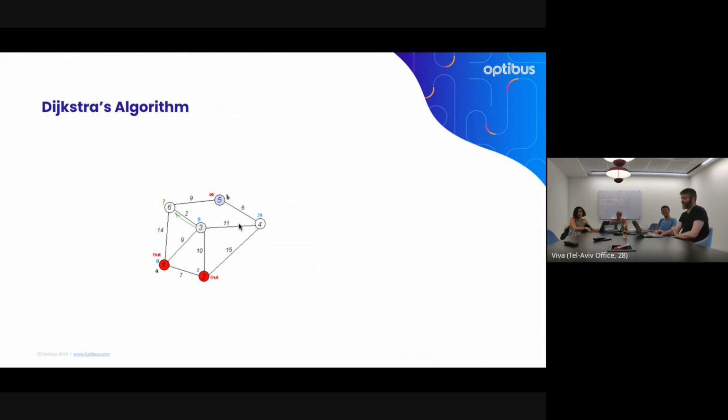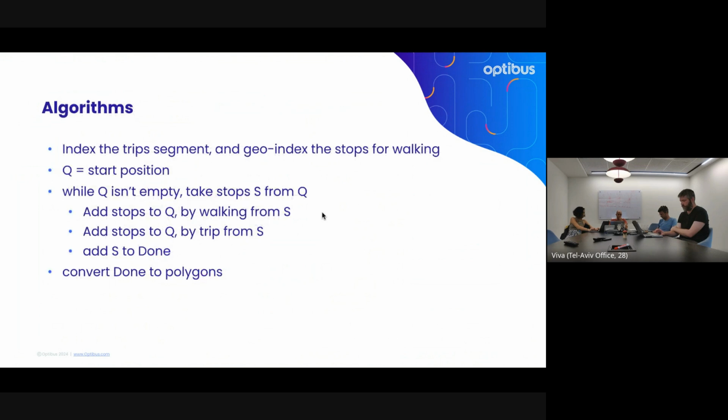In this algorithm, you start all of the nodes with an infinity number, and every time you go to a node, if the sum of the numbers to this node is smaller, you update the node with this new number and remove it from the set of not-done nodes. So let's look at our algorithm.